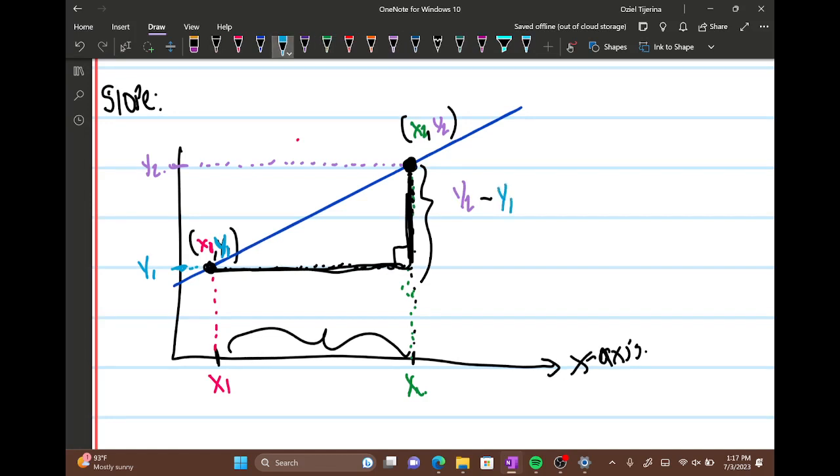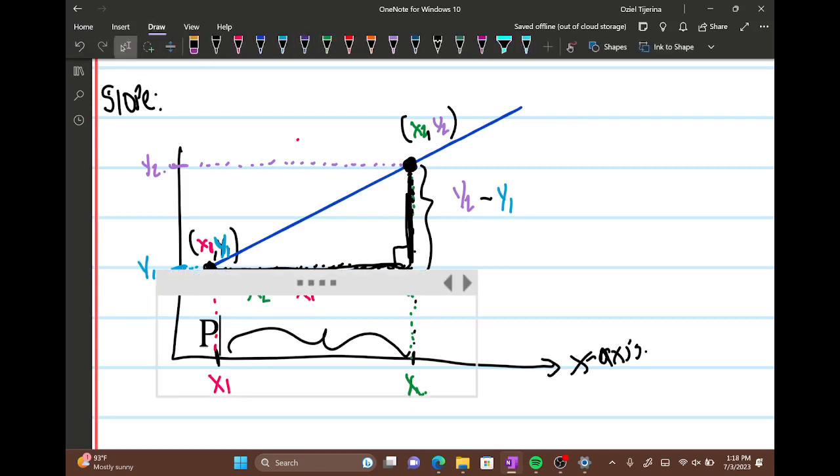I mean, that's not what it is, but basically it's the division of these two, the change in y over change in x. Now, let me finish writing here. So x2 and then minus x1. Give me a second, guys. So that is kind of the graphic definition of this.